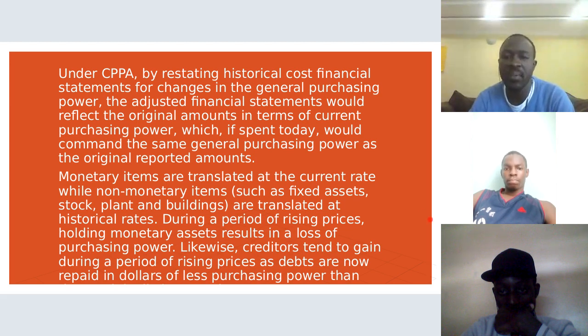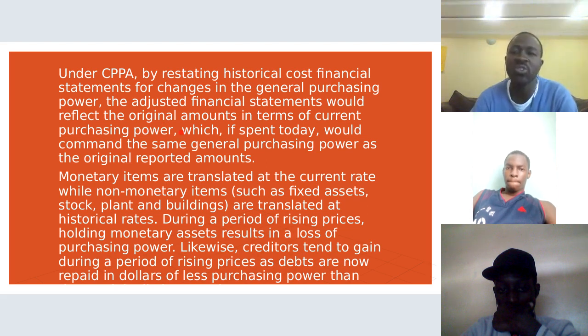Now, under CPP, by restating the historical cost, the financial statements for changes in the general purchasing power would reflect the original amounts in terms of the current purchasing power.